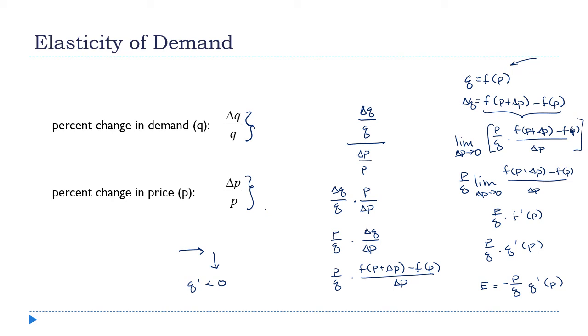This is a decreasing function. And they like for these elasticity numbers to be positive numbers. Positive numbers are often just easier to work with. You don't have to worry about an extra negative sign floating around your calculations. So that's why that minus sign gets thrown in front, to make sure we're always looking at positive quantities.